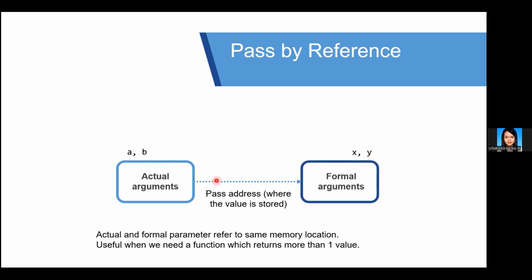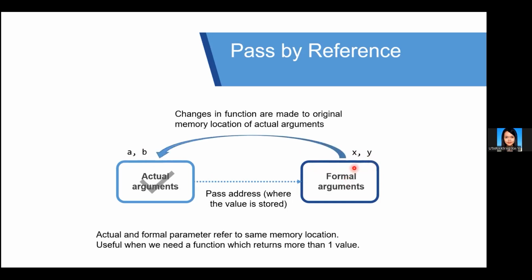Okay, so if there are some changes made to the formal arguments, for example, if I make some changes to X or Y here, these changes are going to be reflected in the actual arguments because they are actually stored in the same location, right? So any changes made to X will actually be detected for A.